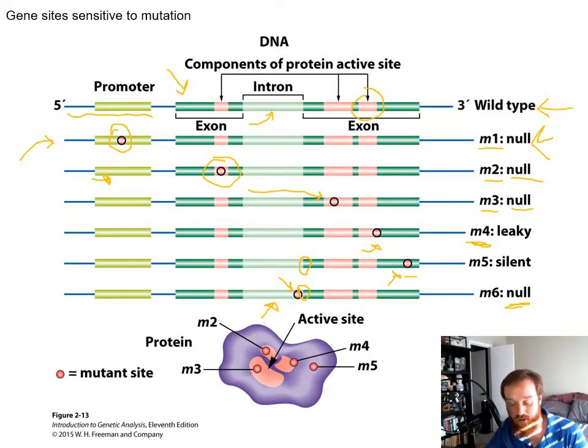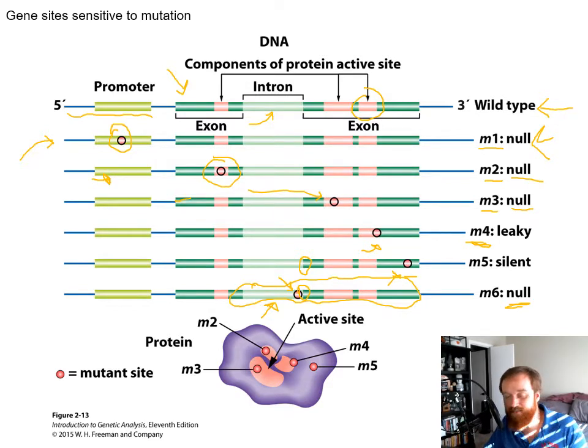That border, where we're saying this is the border of the intron and the exon, that information is lost. And so this entire piece of intron, which is supposed to be cut out, is then incorporated into the gene, and the gene is a completely different shape than it's supposed to be.